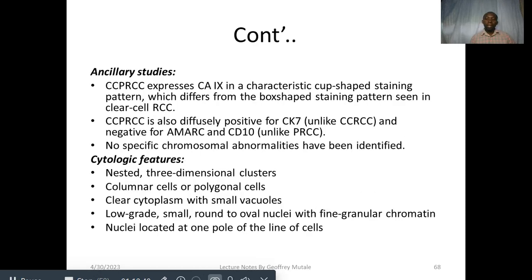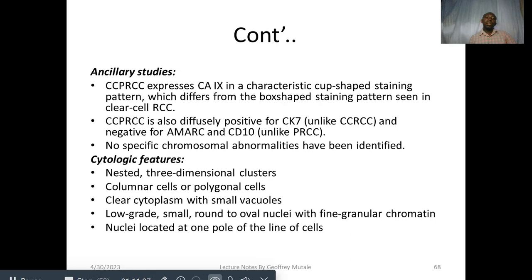So away from the cytological tests and histological tests, we can look at other auxiliary tests where we see CCP-RCC expressing the CA9 in a characteristic cup-shaped staining pattern, which differs from the box-shaped staining pattern seen in clear cell carcinomas.